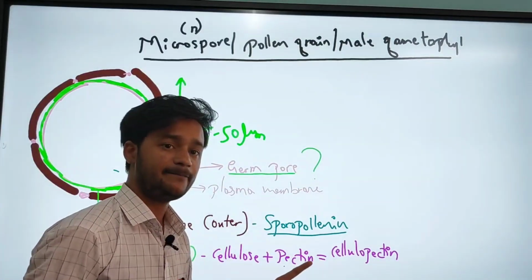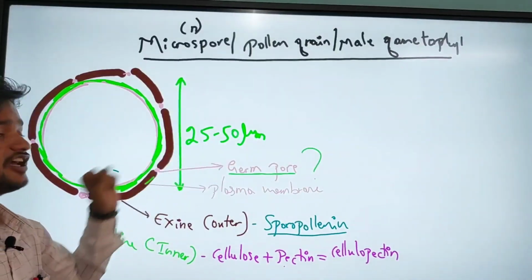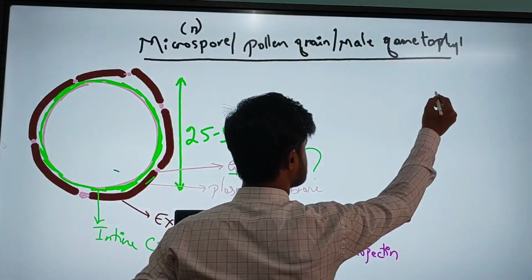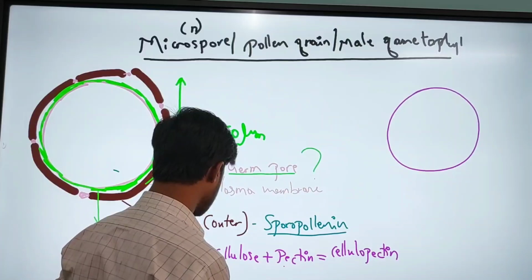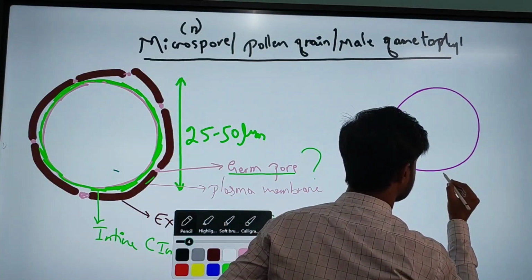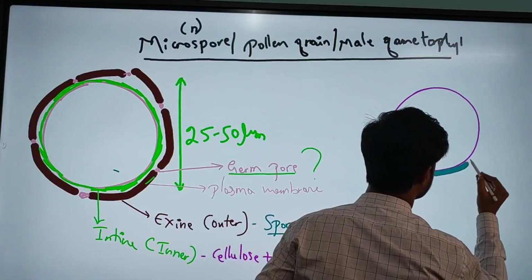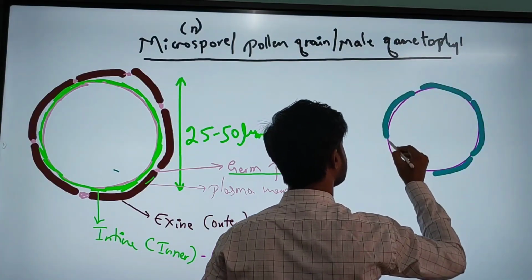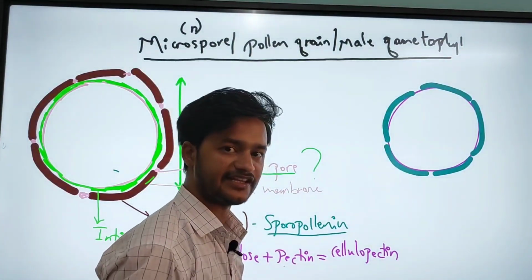And remember one thing, the pollen tube is extended from the intine region through the germ pore. So consider this is the pollen grain, this is the intine region of the pollen grain, and this is the external layer, that is called what? In the exine region where sporopollenin is absent, that is called what?